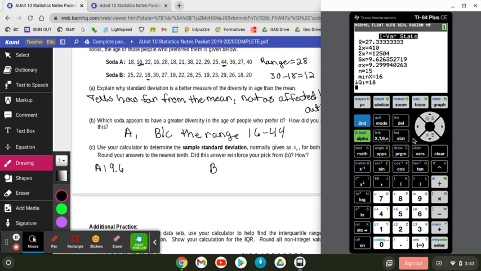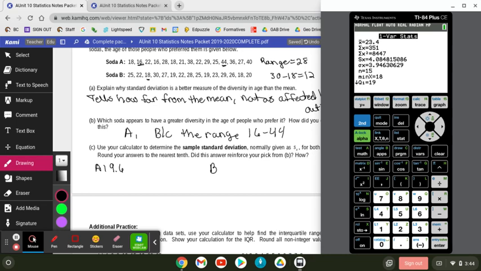So to get B, I go to stat again, calculate again, one variable again, but now I need to change list 1 to list 2. So you can see above the number 2, there's an L2 in blue. So I do second 2, and that makes it list 2.